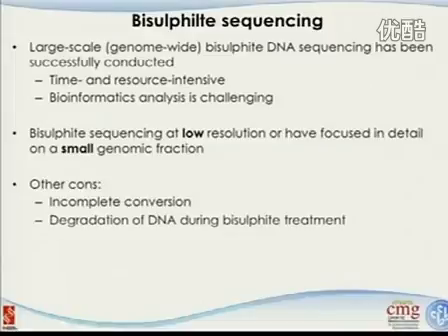I heard Illumina talk about this once at one of their conferences. What they do is they treat the DNA with some restriction enzymes, so they know exactly where the restriction enzymes will cut.